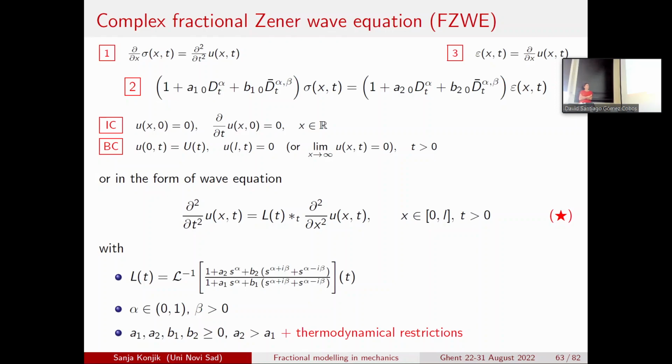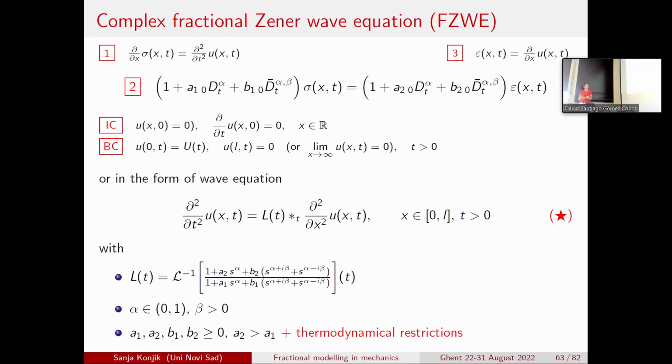So the order alpha is between 0 and 1. Beta is positive because we really want to have a complex situation. So if beta is 0, then that is the real order model, so what we studied before. Also, this is not a restriction, it is positive because we have complex conjugated orders, so that's okay.